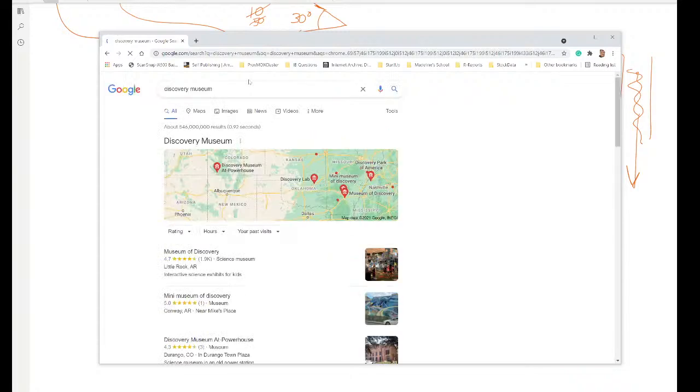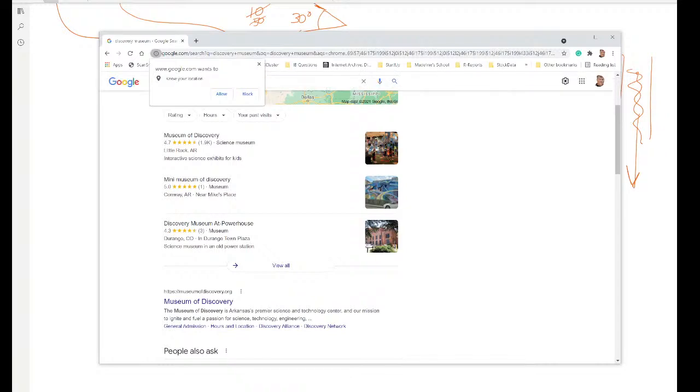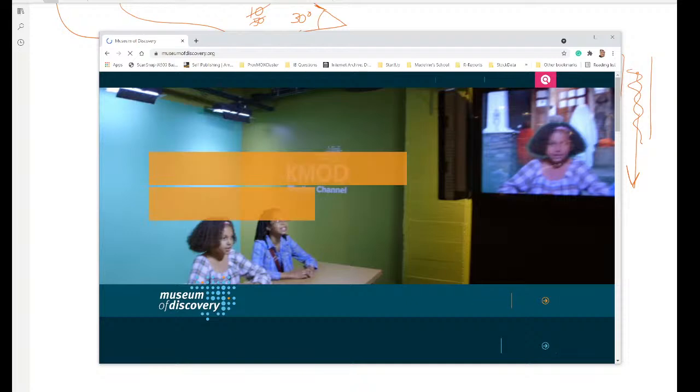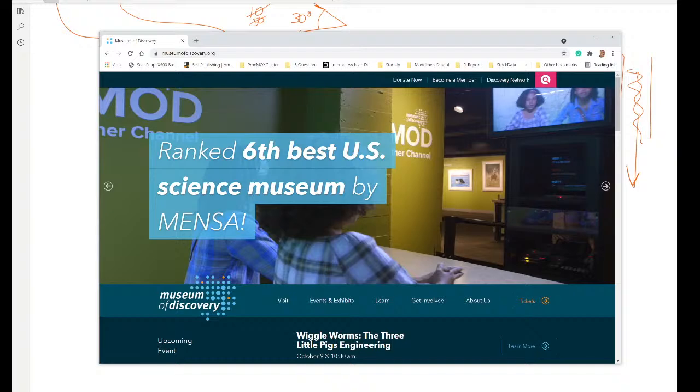I don't know if they would have a picture of their... Wow, this thing is slow. Yeah, this is all going to be events and exhibits. Let's see what they've got.